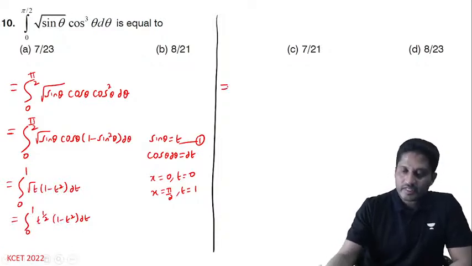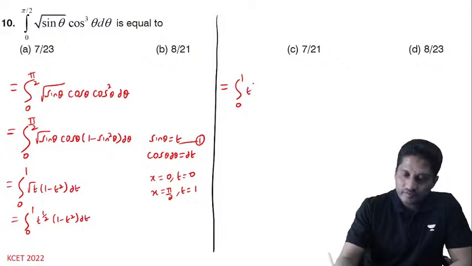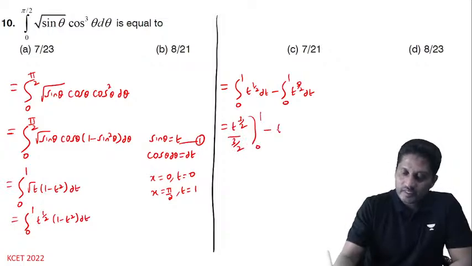So this is equal to the integration from 0 to 1 of t power half, minus the integral from 0 to 1 of t square into t power half, which is t power 5 by 2. This is t to the power of 3 by 2 upon 3 by 2 between the limits 0 to 1, and t to the power of 7 by 2 upon 7 by 2 between the limits 0 to 1.